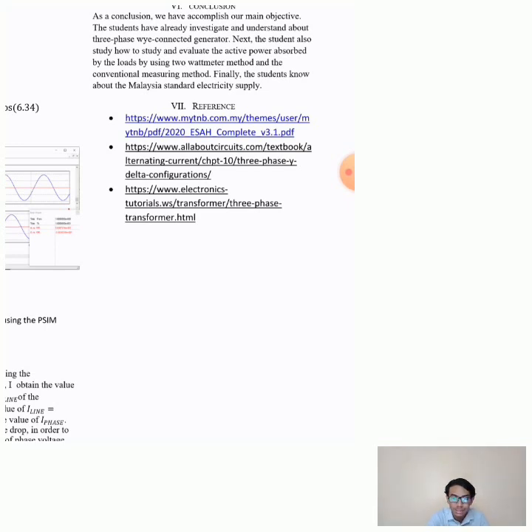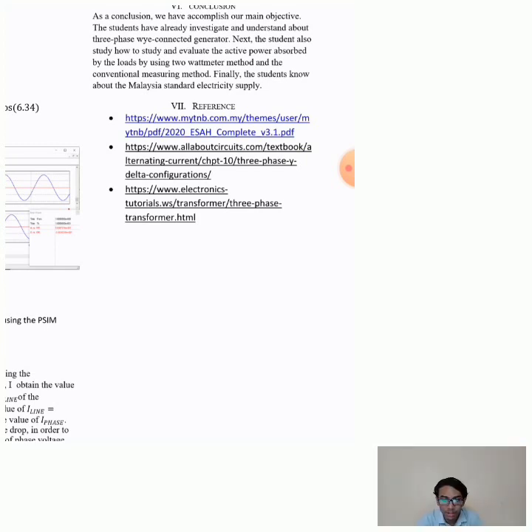Next, the students also have studied how to evaluate the active power absorbed by the loads by using the 2 wattmeter method and the conventional measuring method. These are 2 different methods that we have gone through already. And finally, the students also know about the Malaysian standard electricity supply from Tenaga Nasional Berhad.